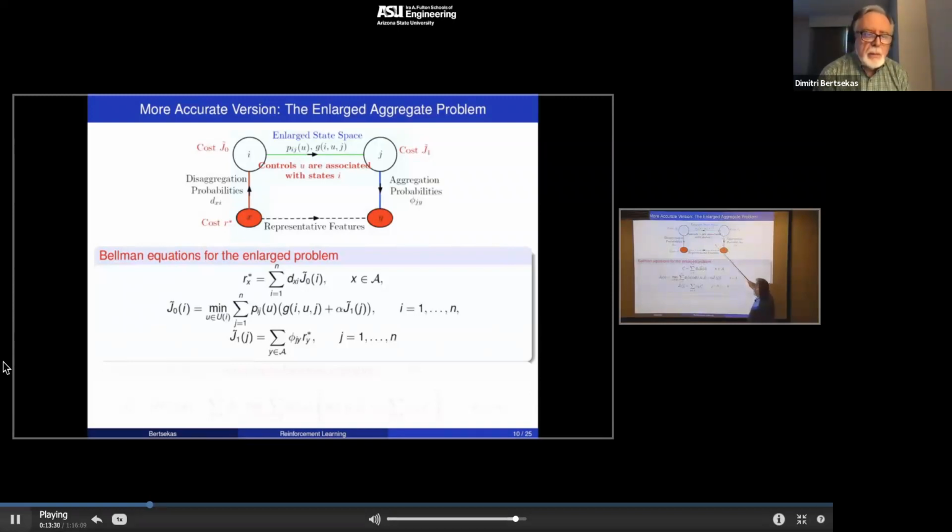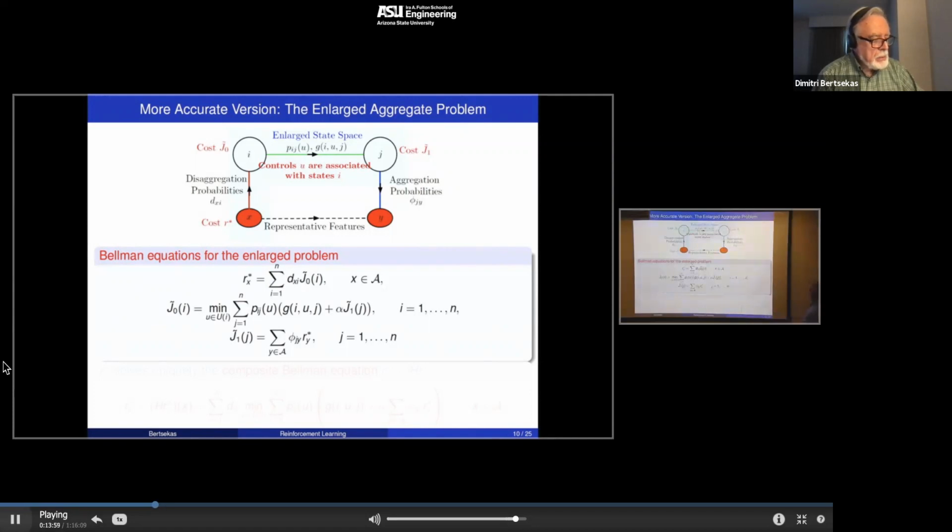So now I've tripled the number of states. This is one component of the state space, this one another component, and another part. Each one of those has an optimal cost associated with it, R star, and I call this J tilde 0, and I call this J tilde 1. These are not the same because there's an in-between transition between the two.